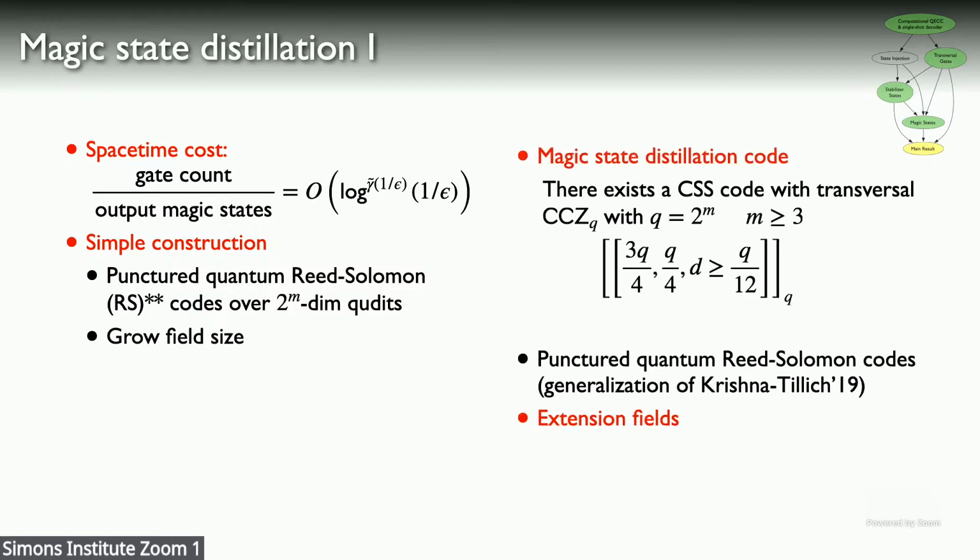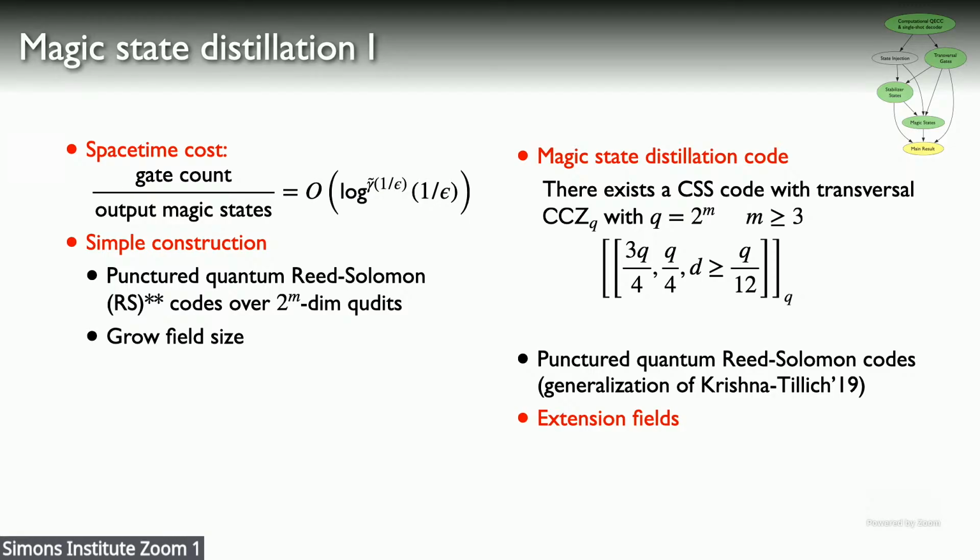So, okay, we can write down a theorem, which is roughly that there exist good CSS codes over this alphabet, which is an extension field, and with good parameters. And this is a generalization of a work of Krishna and Tillich, who did this for prime size alphabet.